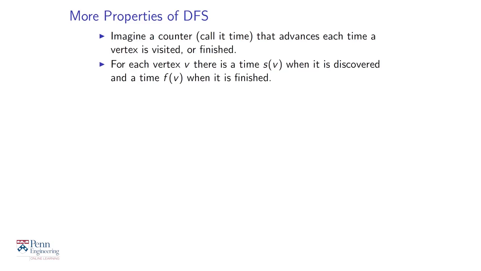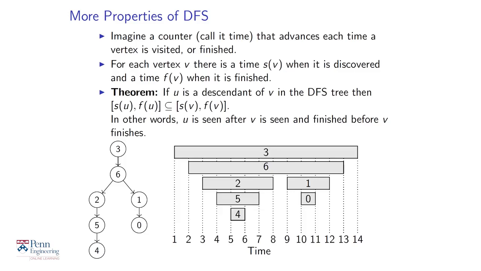So if you look at this graph that we have here, the DFS tree is shown on the left. I haven't shown the graph here, but it's the same graph as in the last segment. And here's the DFS tree for it on the left. Then if you go back to how we showed DFS working on that graph, you will find that node 3 starts at step 1, because as soon as we began the DFS, we colored 3 gray.